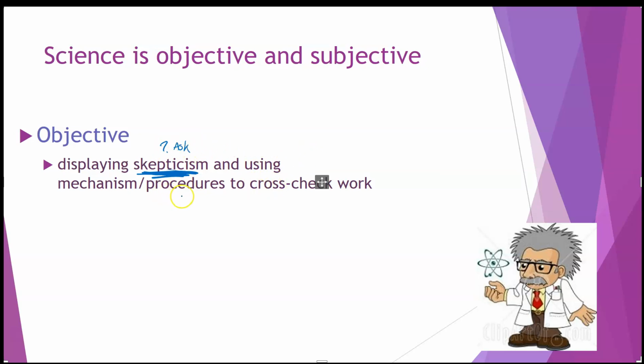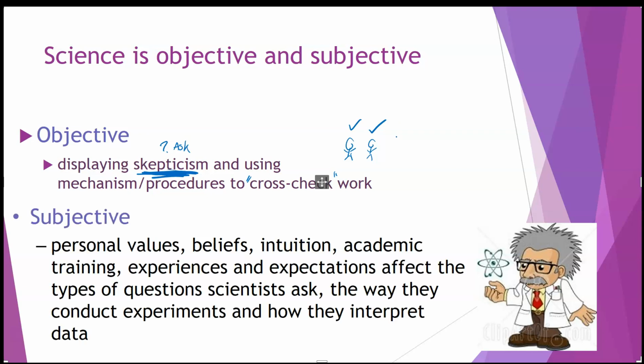And we also have a lot of mechanisms in science that help people cross-check their work. So for instance, if I wanted to publish a paper about scientific fact, I have to have other colleagues in the field who know what they're talking about give me the thumbs up and say, hey, this is correct. This is not a lie. This is not fake data. This is real data. So we have a lot of cross-checking. That's what makes science so great.